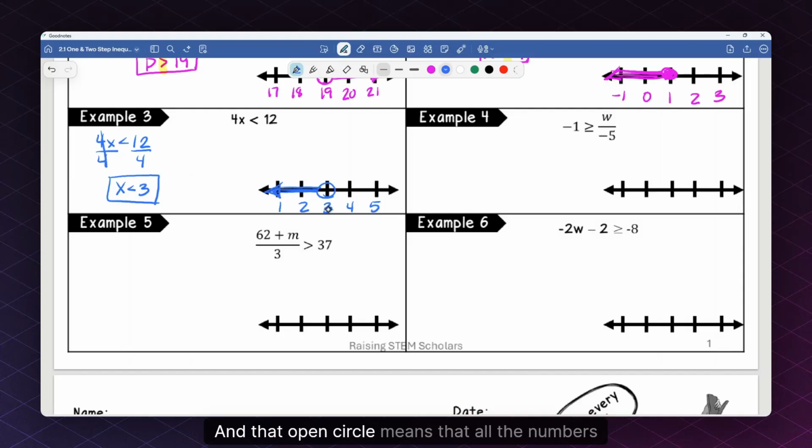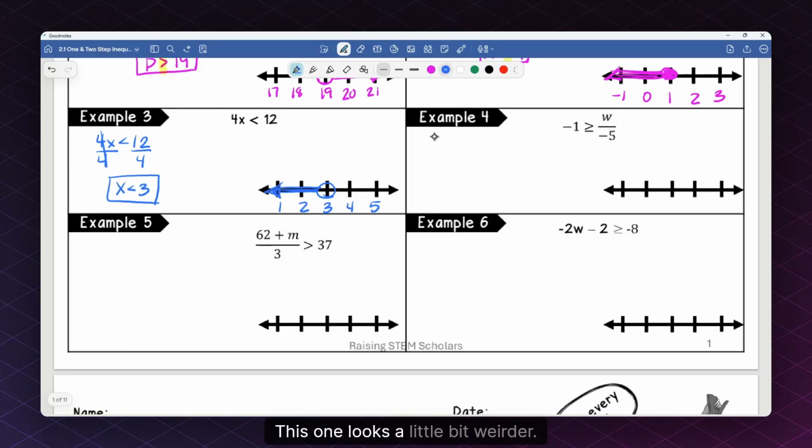That open circle means all the numbers are true all the way up to 2.9999999, which would make a true statement, but it would not include 3. I'm not going to do a test point, but I showed you earlier how you could do one if you wanted to.